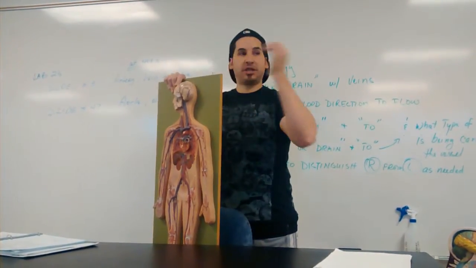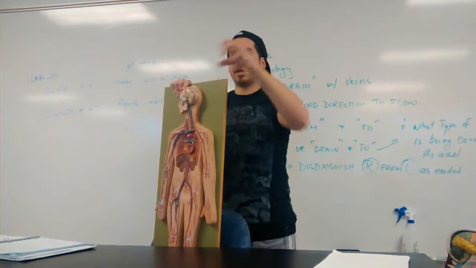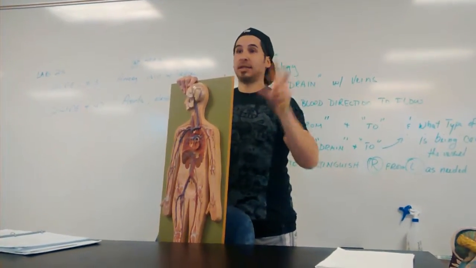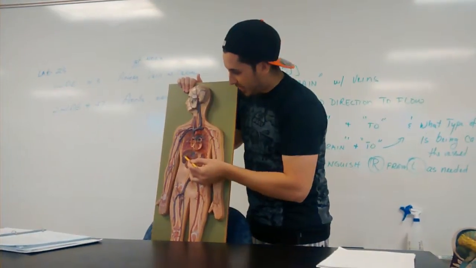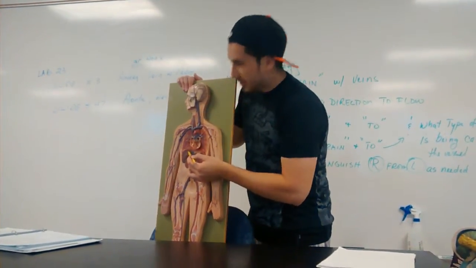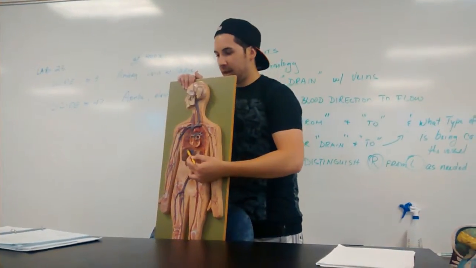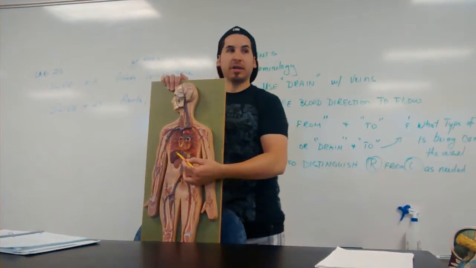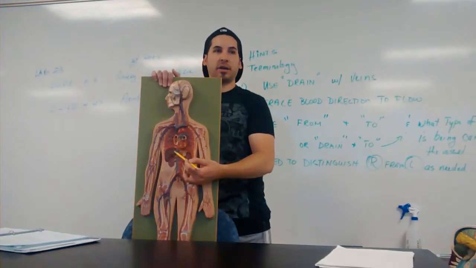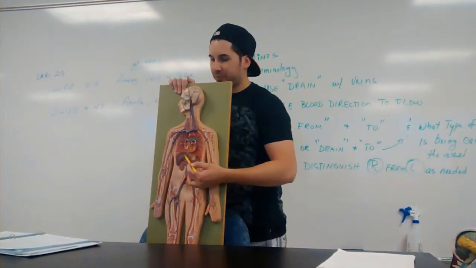It's a completely independent system, which we can explain a little bit. The hepatic veins are the blue, not the purple. The hepatic veins carry deoxygenated blood from the liver to the inferior vena cava. So far, pretty easy, right?